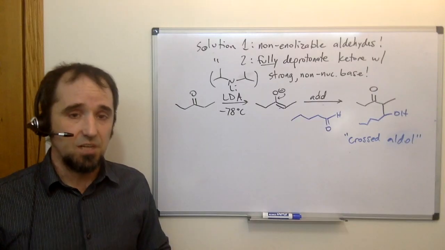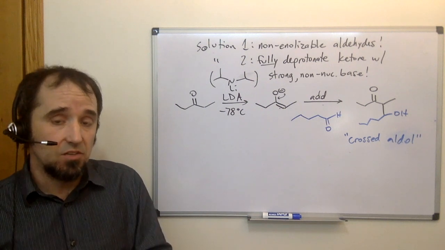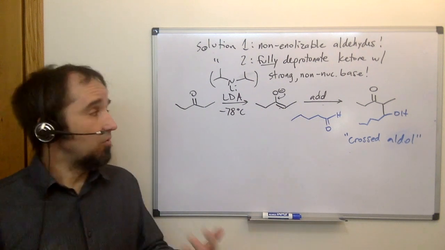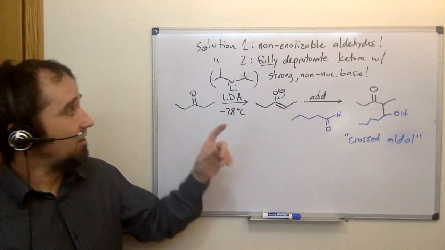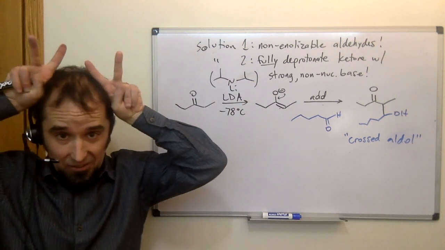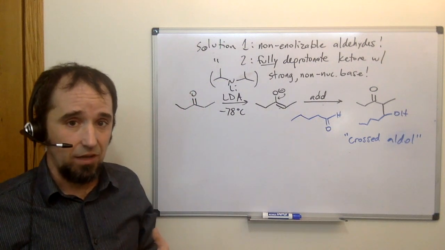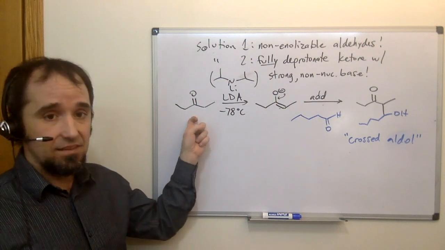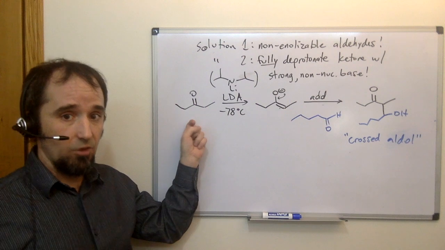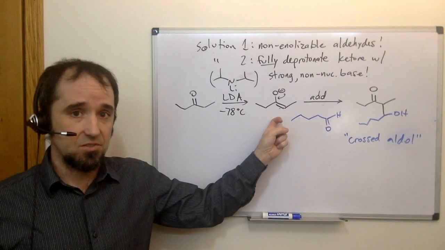If you can't change your starting materials, at least let's make sure we convert all of our ketone over to enolate. So if I use a really strong non-nucleophilic base like LDA, right? Here's an LDA with the antlers. It is too bulky to get in there and act as a nucleophile. So here I can take this ketone at low temperature, convert 100% of it over to enolate with this strong base.